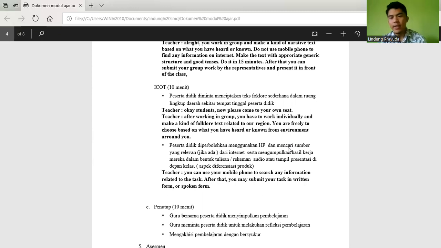This is the differentiation aspect that I use in this teaching module. It is product differentiation.